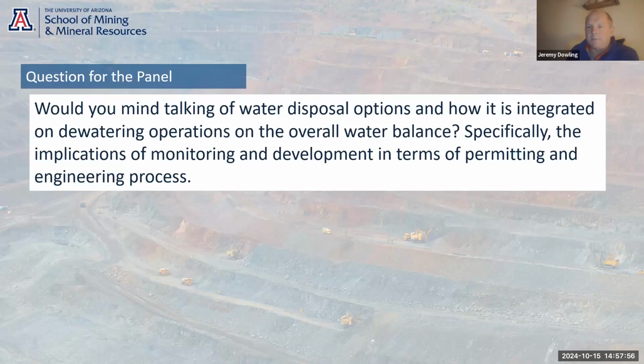We work on two or three projects that I can think of where the dewatering flow rates and the actual ability to dewater the mining operations is limited by the lack of water disposal options at the site, which may be due to permitting constraints or even just having a social license to discharge water from the site.